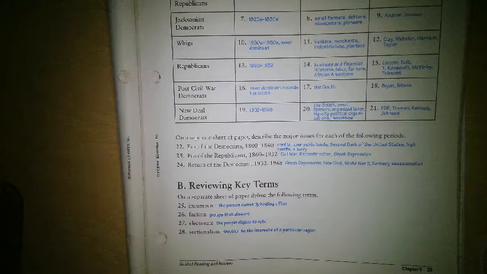But when emancipation and all that happened, the ideology flipped. Like all the South was a lot of Democrat, and then it turned Republican because of all this. See what I'm getting at? So, up at the top beside Republicans for number 13, you got 1860 to 1932. That's when they were in office or dominant.